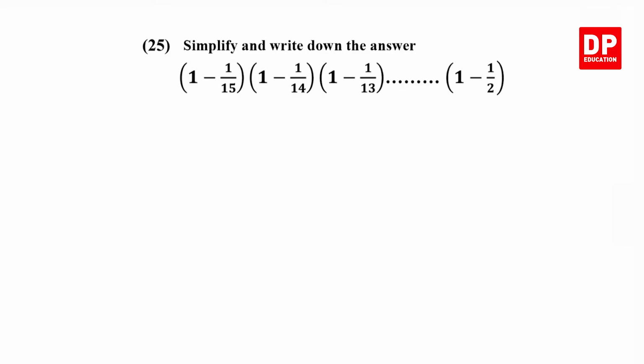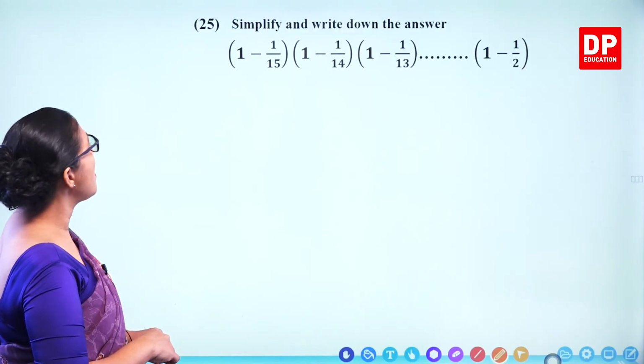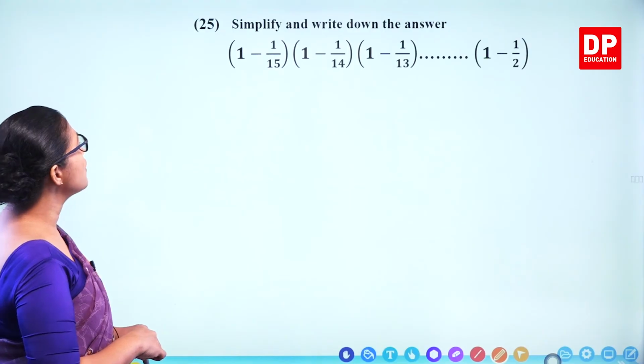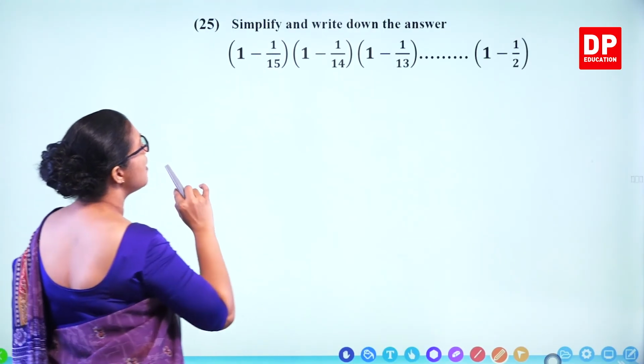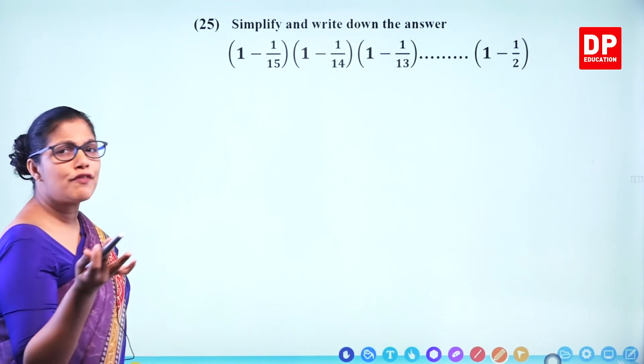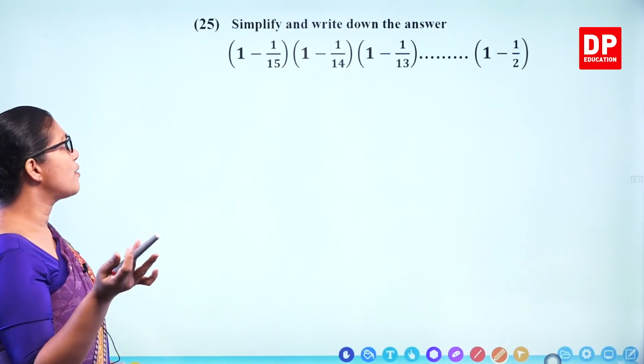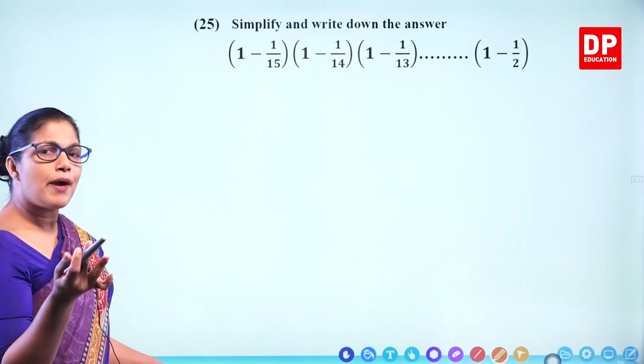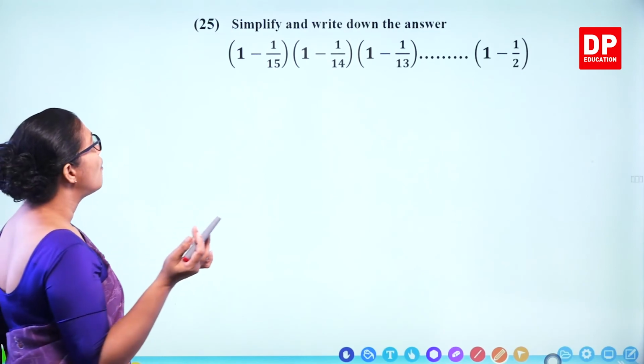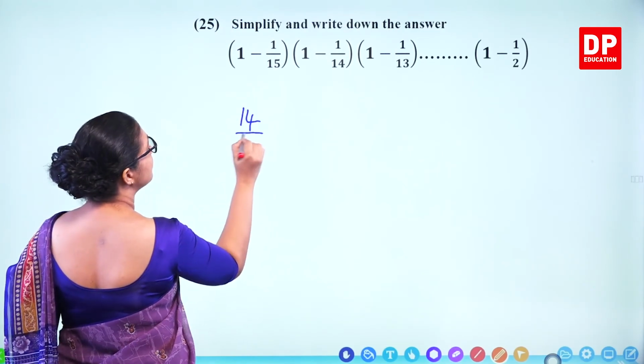Question number 25. This is the last question in that paper. Simplify and write down the answer. So we'll try to simplify each bracket. 1 minus 1 over 15. That means 1 you can write 15 over 15. Minus 1, that's 14 over 15.